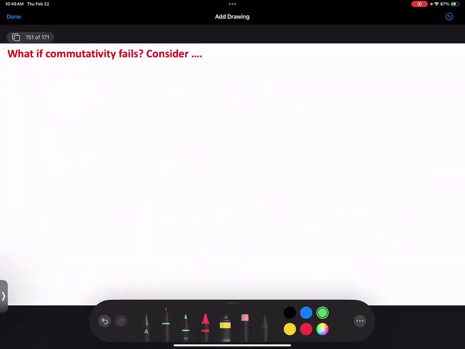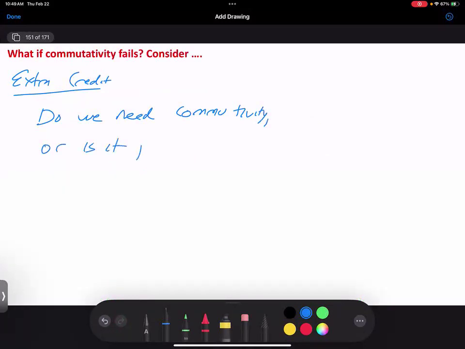Okay, so what if commutativity fails? This is a question for you to think about. For extra credit, do we need commutativity? Or is it just convenience or laziness?